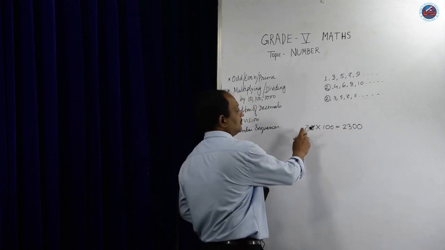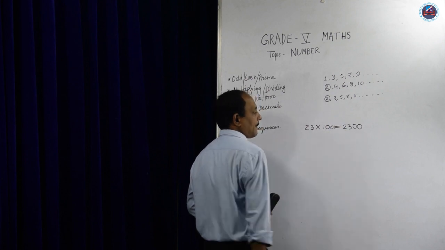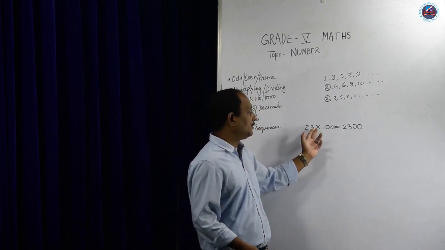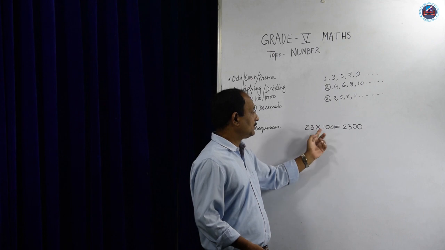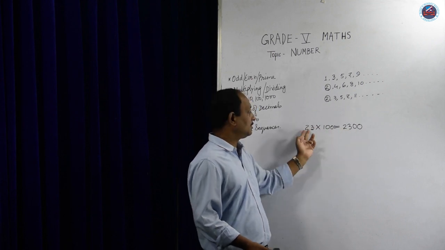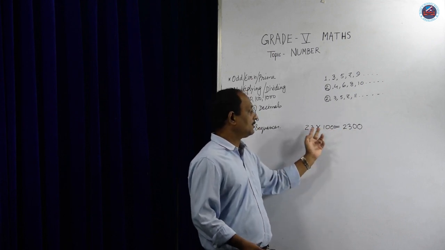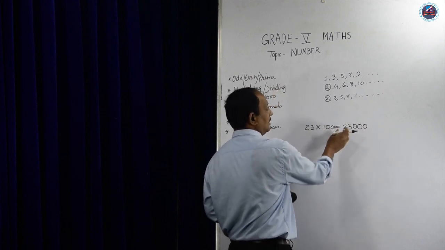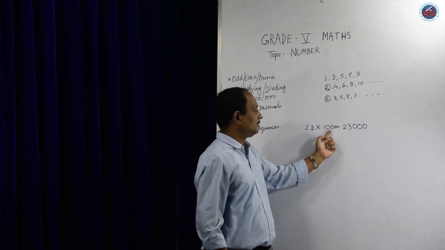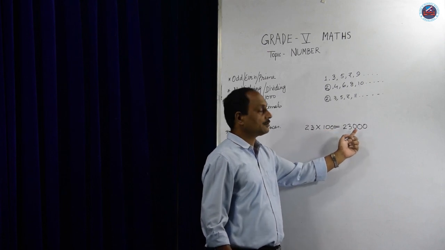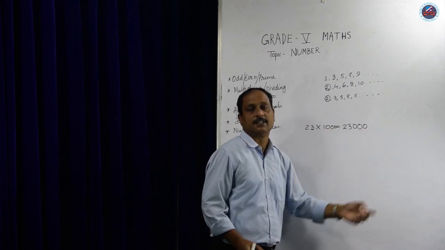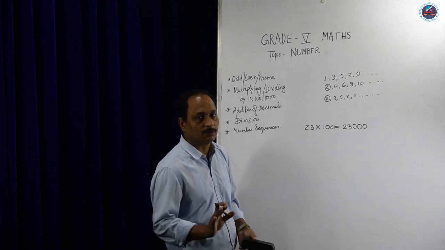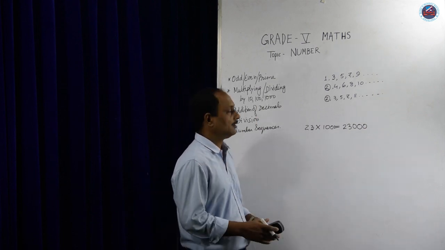Suppose this number 23 again multiplied by 1000. Same way, 23 ones are 23, 23 zeros are 0, 23 zeros are 0, and 23 zeros are 0. In short, 23 write it down, and how many zeros are there? 1, 2, 3. Put those 3 zeros here. Simple. There is nothing to worry about.